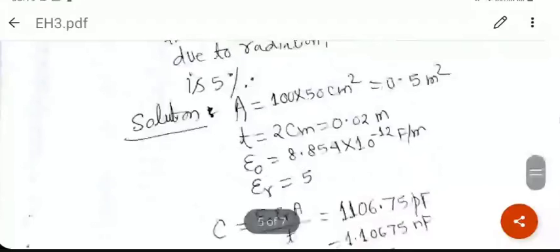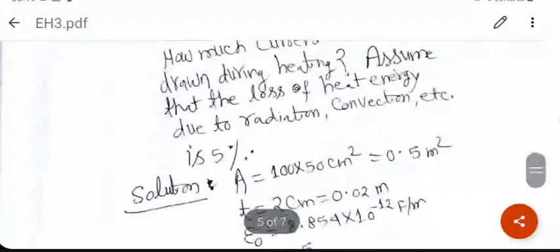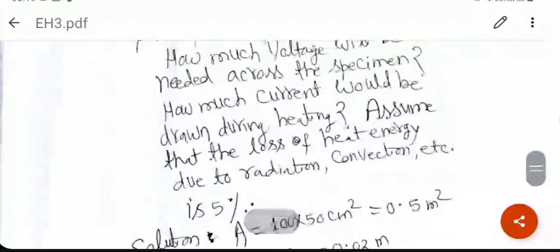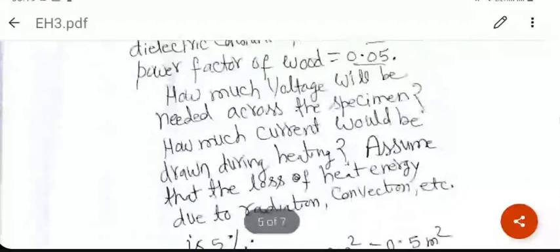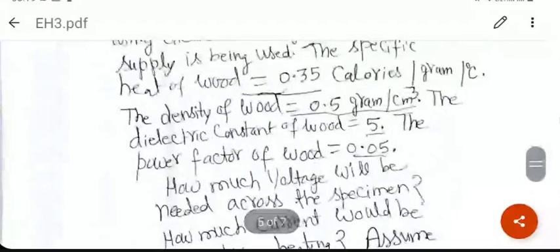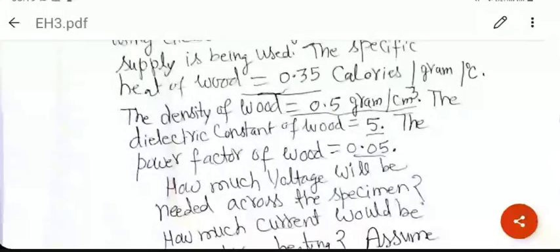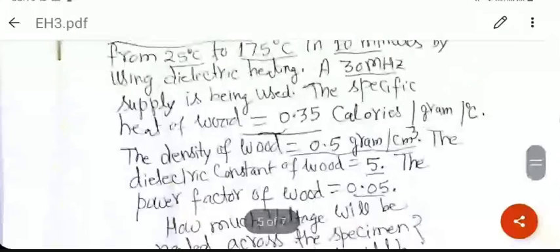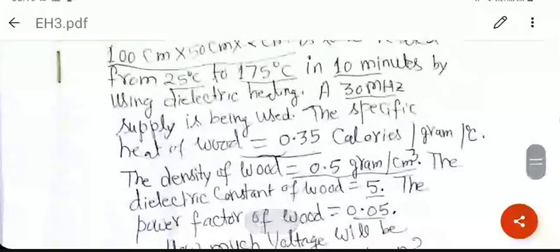Now, the objective is to calculate the voltage required. So you need to calculate how much power will be needed to be supplied. For that, they have given a lot of information. They have told you that the specimen needs to be heated from 25 degrees Celsius to 175 degrees Celsius in 10 minutes.